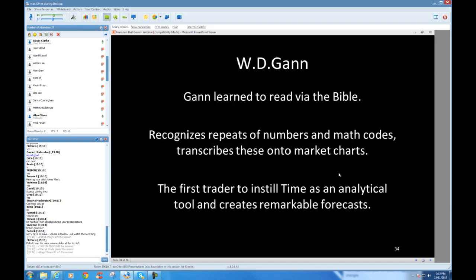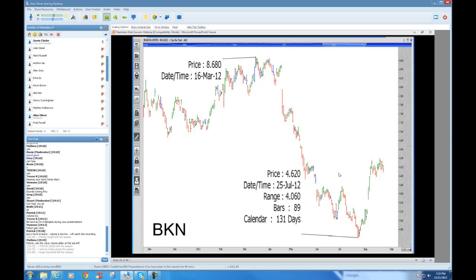Now, if we have a look at this Bradken chart, from the top on 16 March down to the low on July 25, 89 days have passed. Now 89 is a Fibonacci number. We just saw that on those sets of numbers.